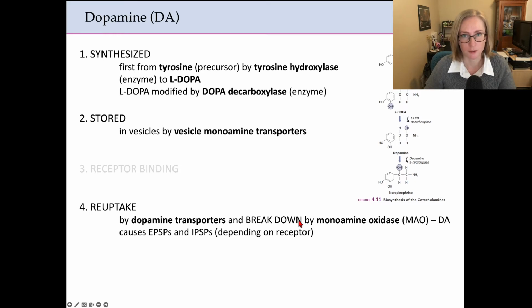If we're going to break down dopamine and destroy it, that's going to be done by monoamine oxidase, MAO. Okay, and depending on where we are in the brain, dopamine can cause EPSPs or IPSPs, excitatory or inhibitory postsynaptic potentials. Please review these, EPSPs and IPSPs. I saw most of you in the take-home quiz didn't actually talk about EPSPs and IPSPs.